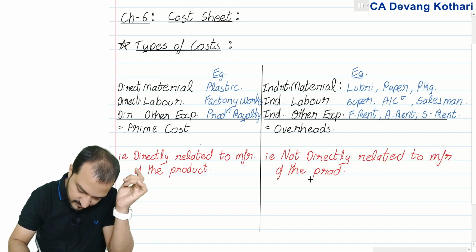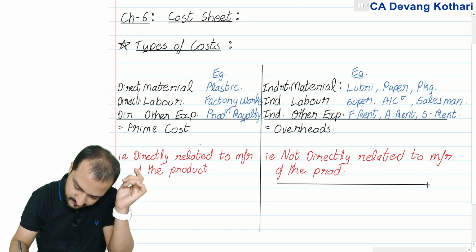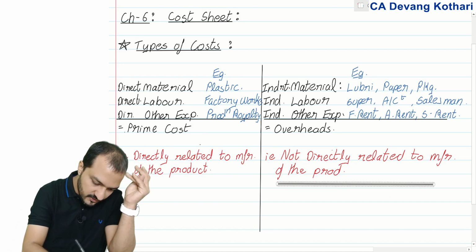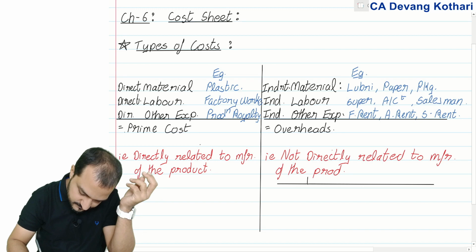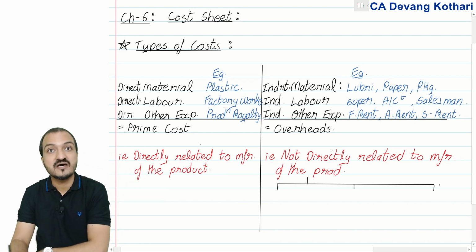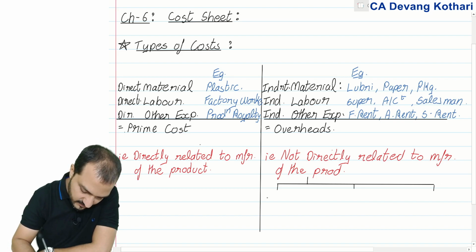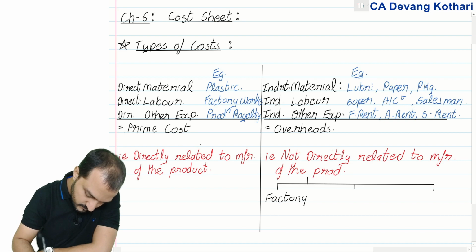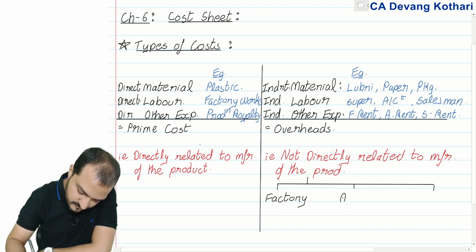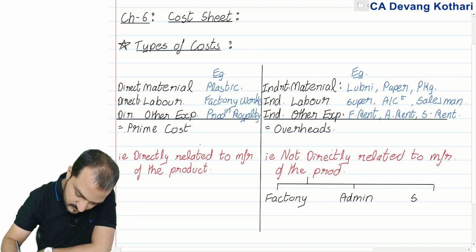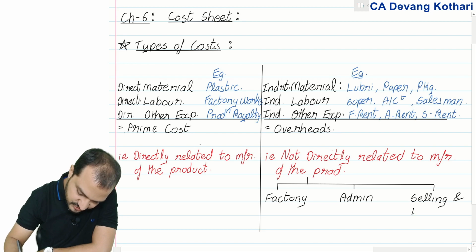These are called overheads, and these overheads can be further classified into three categories: factory overheads, admin overheads, selling and distribution overheads.